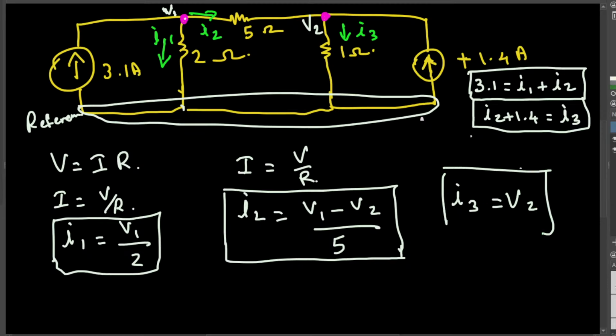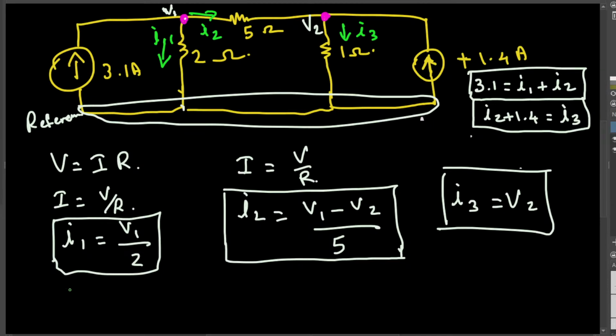Okay, now we have these three things we derived. What we can do next is substitute I1, I2, I3 into the two equations we derived from KCL before. Then we only have two unknown variables, and with two unknowns and two equations, we can solve for them. So let's bring this into the equation.